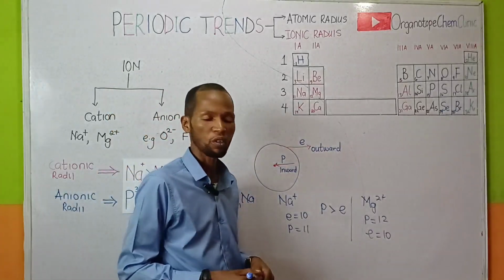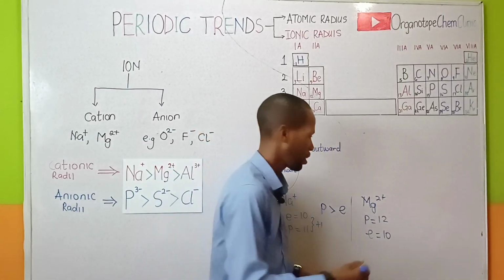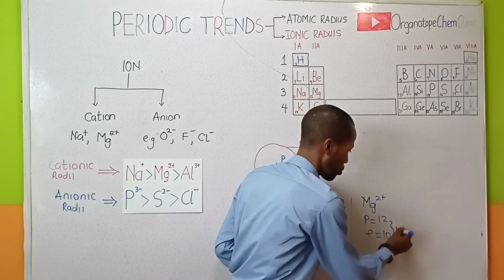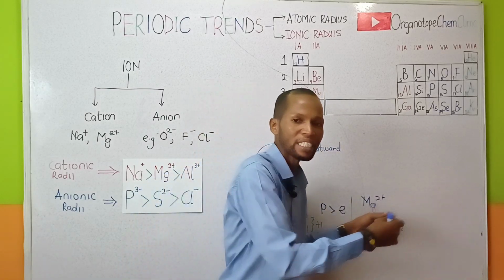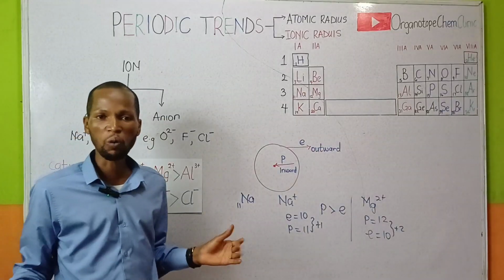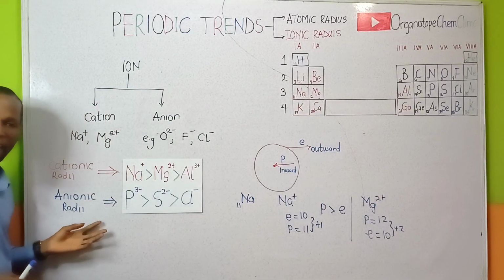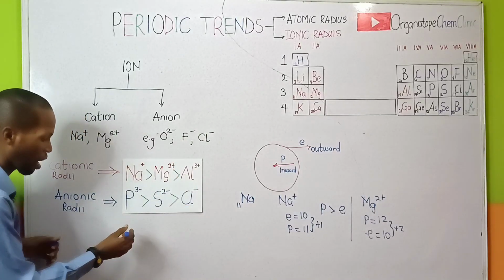That is, the effective nuclear charge in sodium is +1, while in magnesium we have +2 and in aluminium +3. So as the effective nuclear charge increases, the ionic radius decreases. Also, we can apply this method to anionic radius. For phosphorus, it has the atomic number 15.